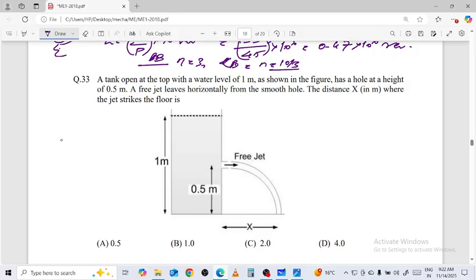चलिए नेक्स्ट क्वेश्चन में आप मूव करते हैं। A tank open at the top with a water level of 1 meter as shown in the figure as a total as a whole of height 0.5 meter.